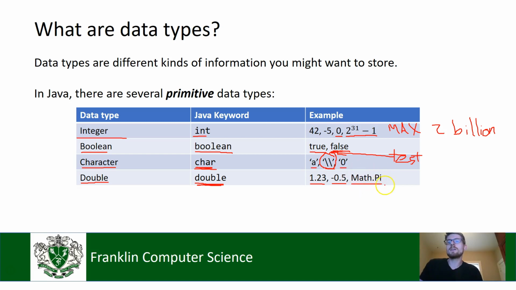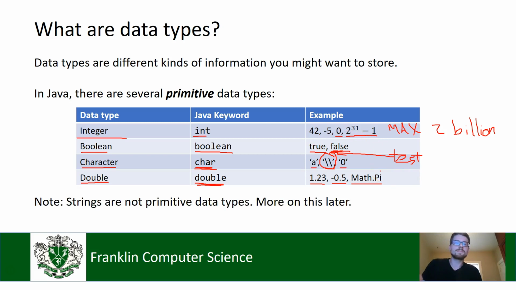This is the Java way to access pi, if you want to use pi in a calculation: capital M-A-T-H dot pi with a capital P. But these would be all double examples, which are decimal numbers and different from integers, which are whole numbers.